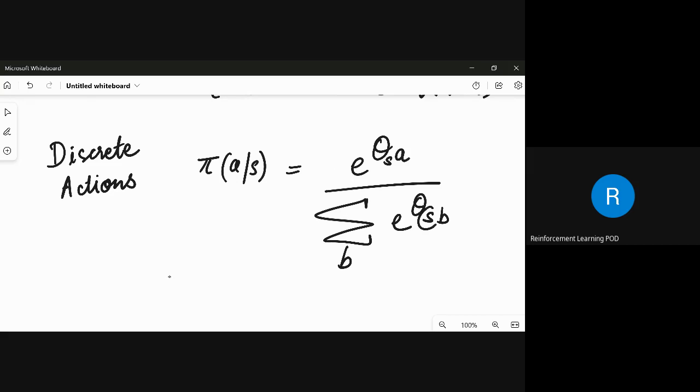This s only indicates that we are talking about state s. There could be multiple different states, so we append it with s. Theta_a is the parameter which decides the probability of taking action a. This is the softmax approach that we saw a long time back.